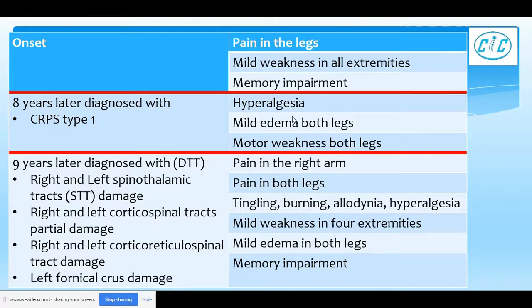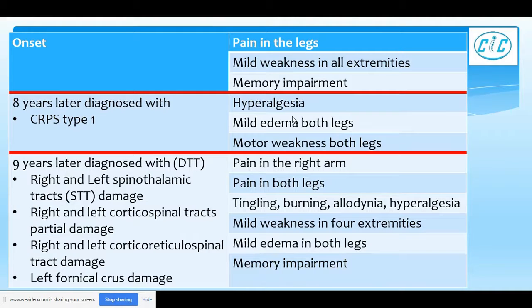Mild weakness could be due to hypertrophy of the peripheral structures, but in this case, it is found in four extremities. It is not only the legs and only one arm; all four extremities are showing weakness, and that should be a very red flag for clinicians not to focus only on the peripheral damage, but also look into the central damage.